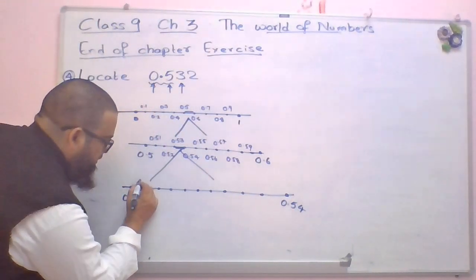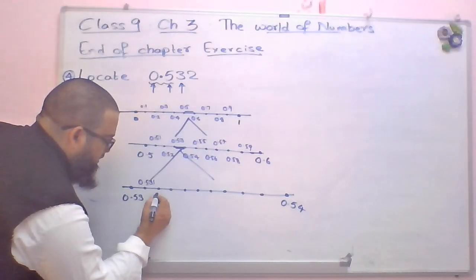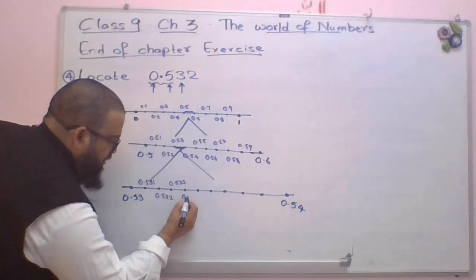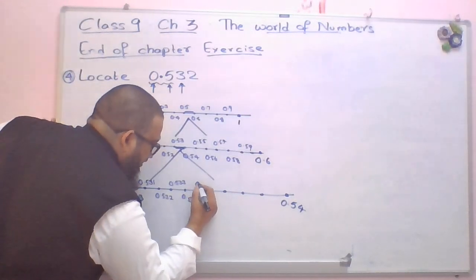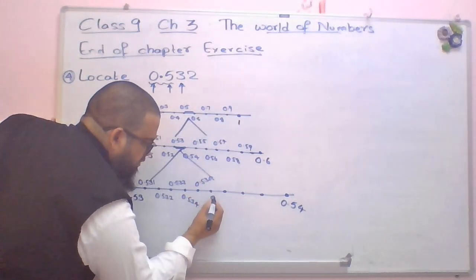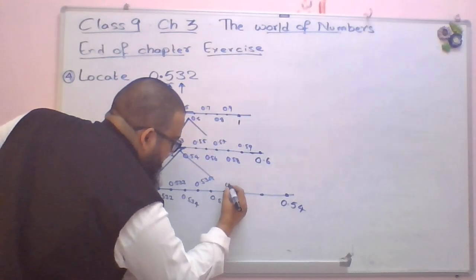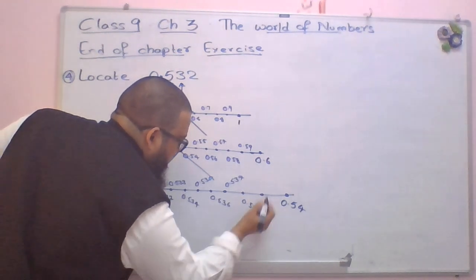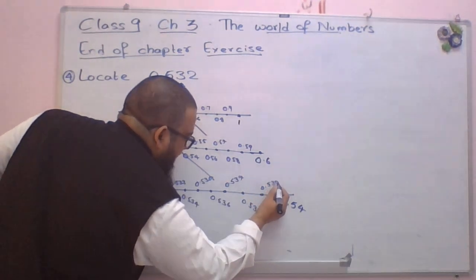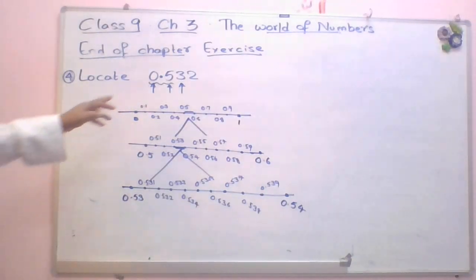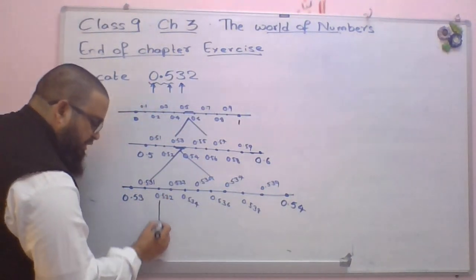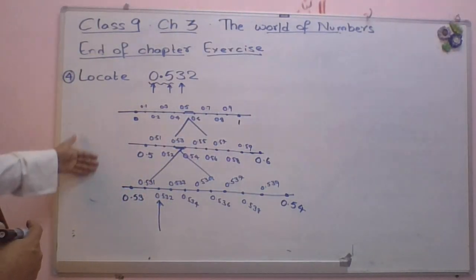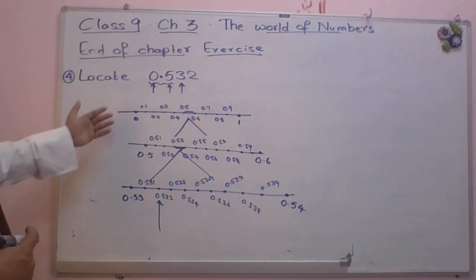So this is 0.531, 0.532, 0.533, 0.534, 0.535, 0.536, 0.537, 0.538, 0.539. Now let us see, where is 0.532? So 0.532 is here. Understood?